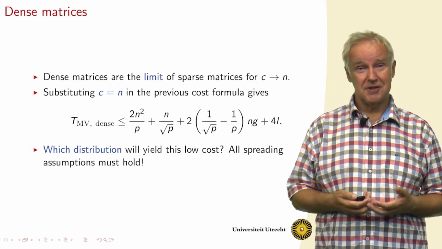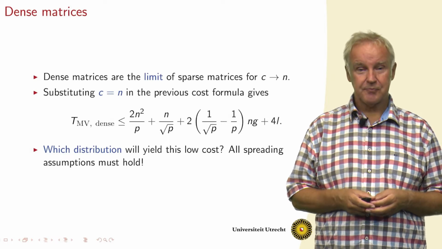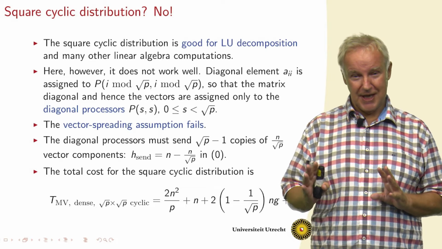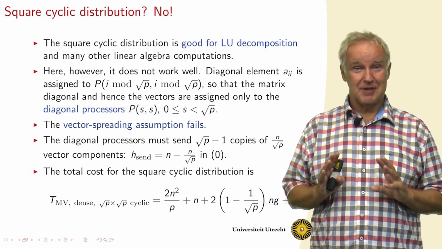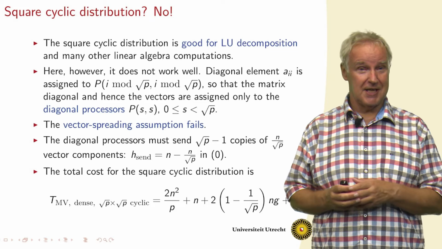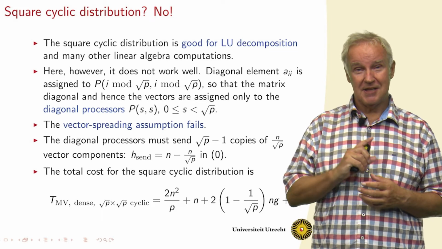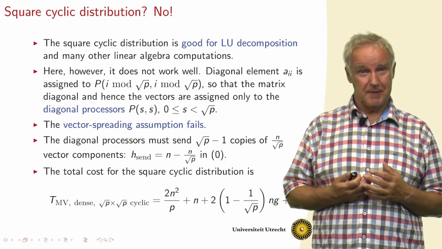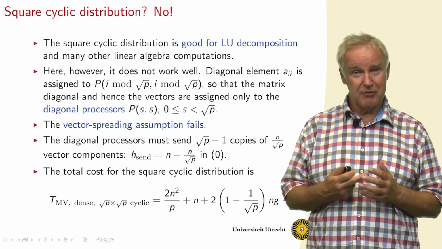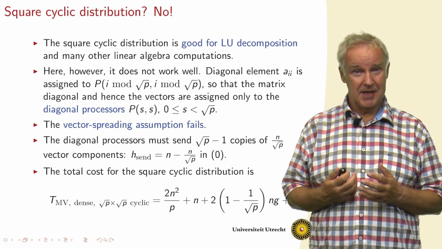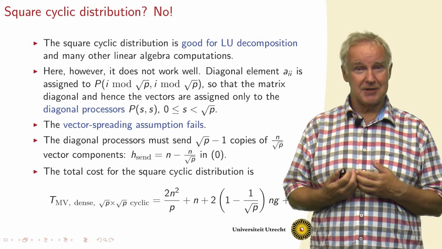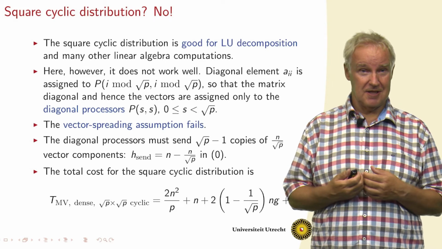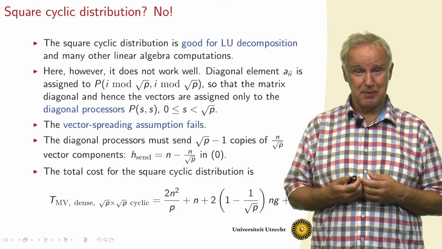So which distribution does give this? We have been extolling the virtues of the square cyclic distribution for linear algebra, for LU decomposition. But here, it doesn't work well. And the reason is that if we take the vectors and the matrix diagonal, they are assigned to diagonal processors P(s,s). And there are only square root p of them.